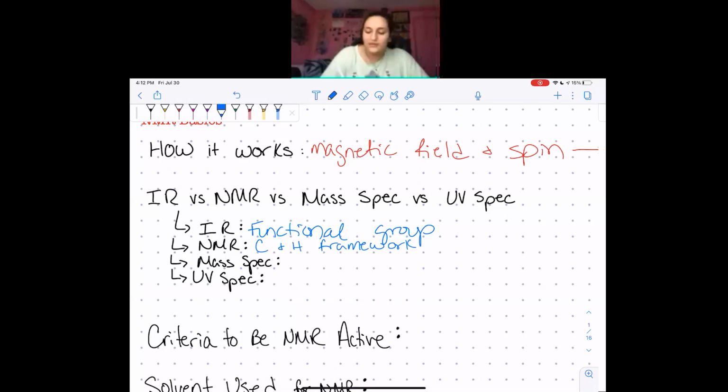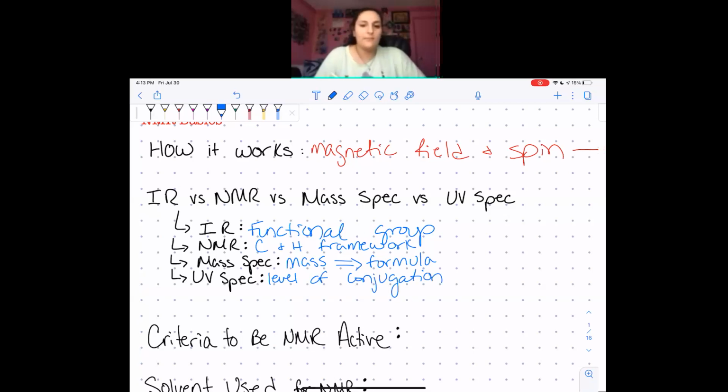Mass spec is going to tell us the mass, which can be used to find the formula. And UV spec is going to tell us the level of conjugation. So all of these things are giving us different information about a molecule. And when we're actually doing research or in a lab, you are pretty much going to be using all of these for different things.